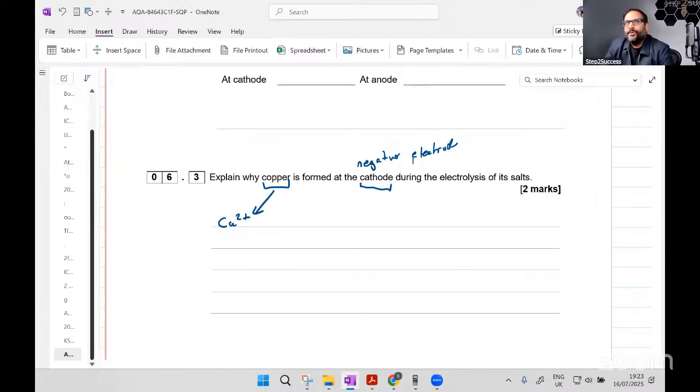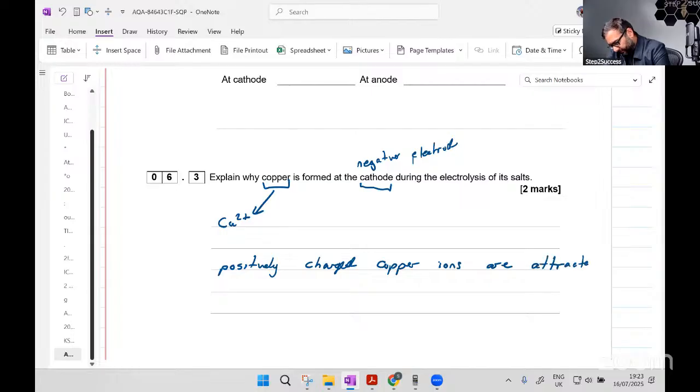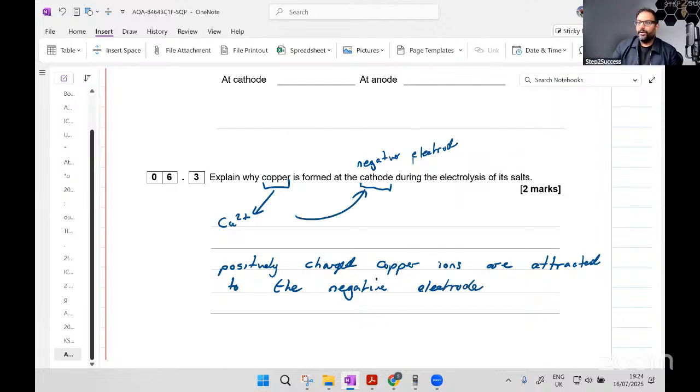So what happens during the electrolysis is the positively charged copper ions are attracted to the negatively charged electrode because opposites attract. And that's why we get copper forming on the negative electrode. If you haven't done electrolysis, this won't make much sense, but that is what the answer is.